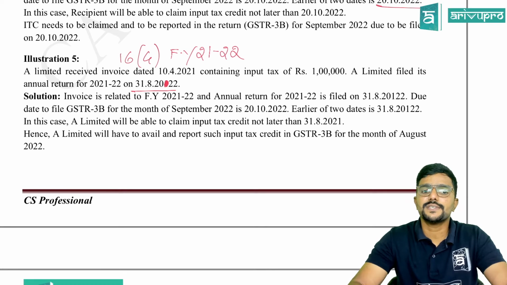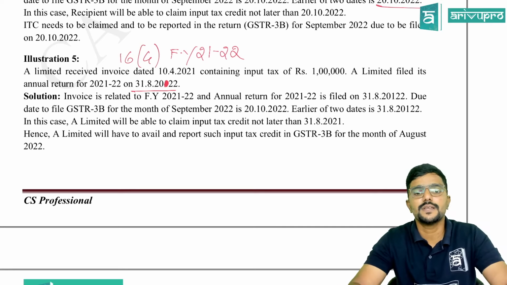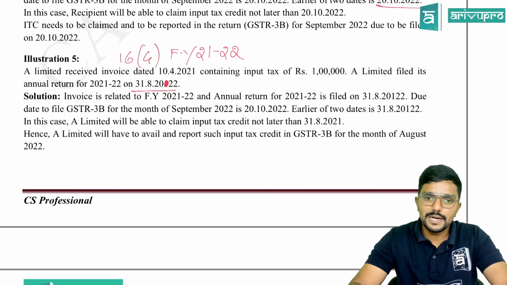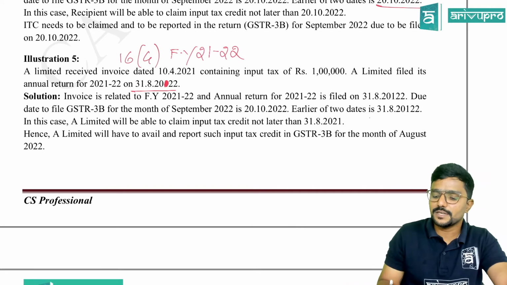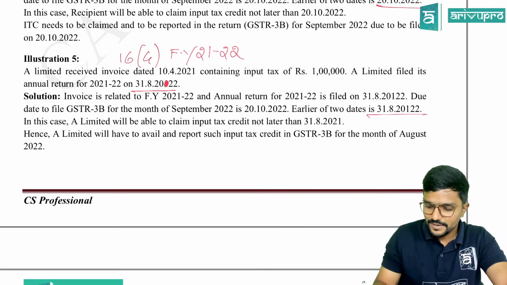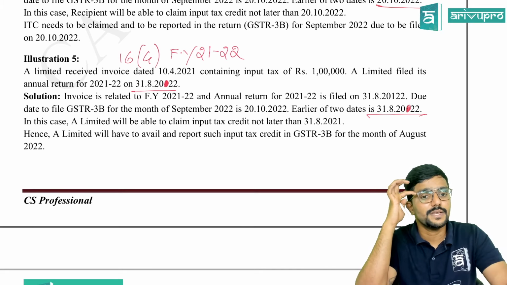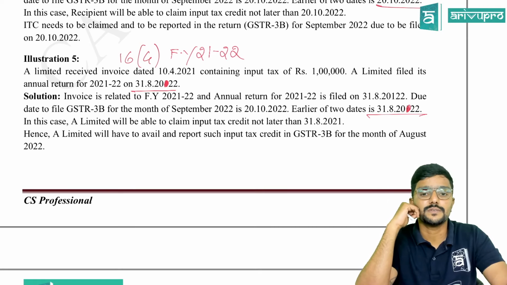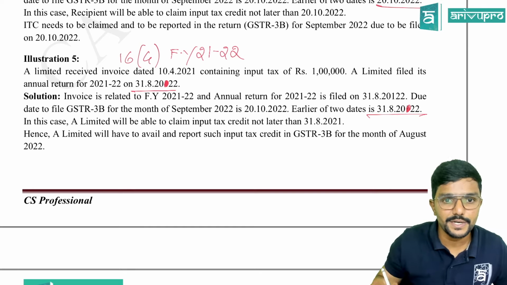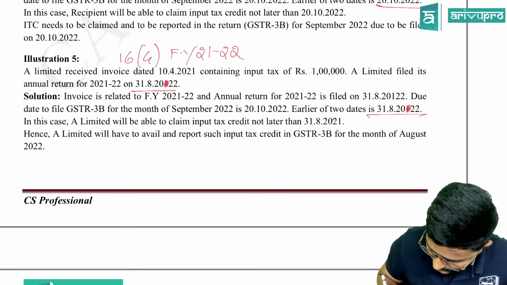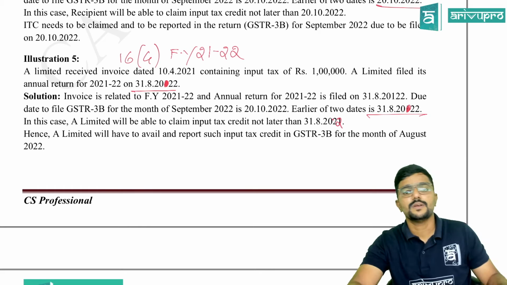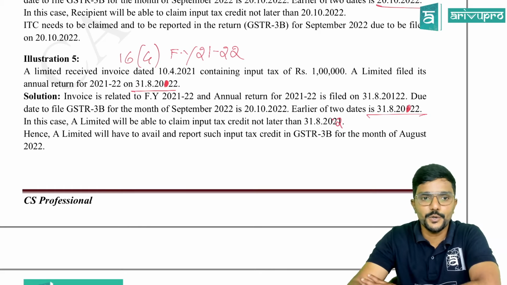Due date to file GSTR 3B for the month of September 22, that is September of next year, is 20th October. Earlier of these two dates: in this case, the annual return is filed early. So the earlier date is 31st August 22. A Limited will be able to claim input tax credit not later than 31st August 22.